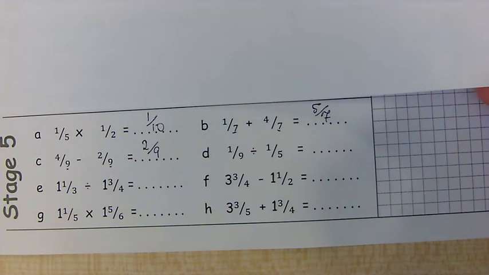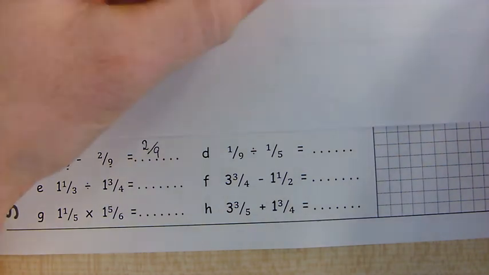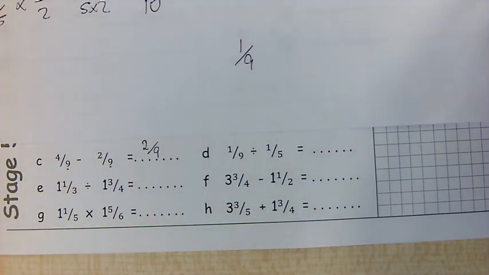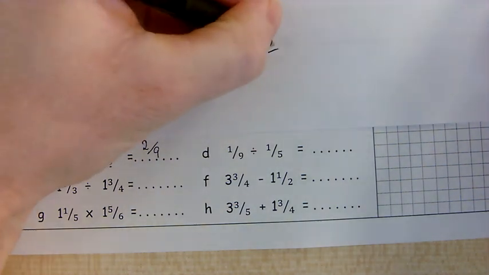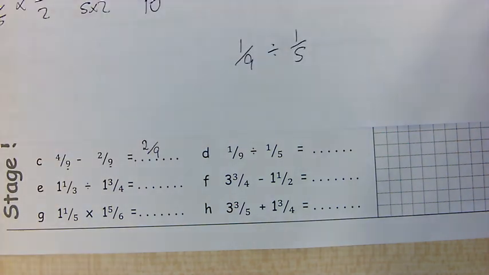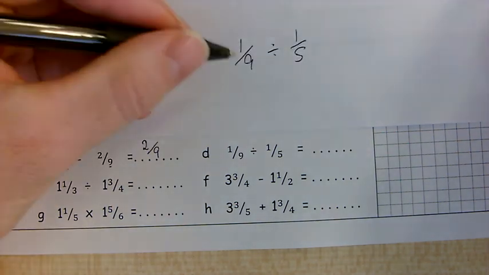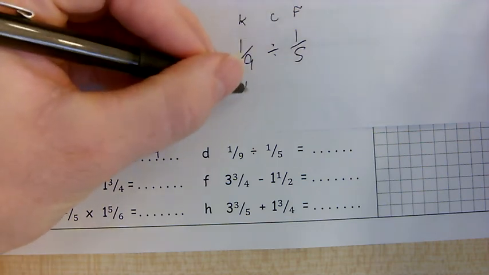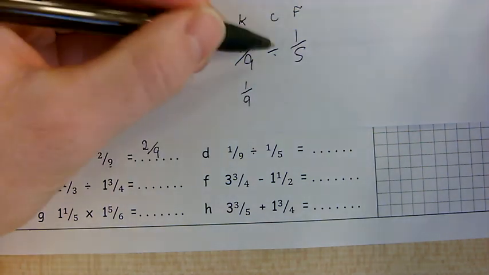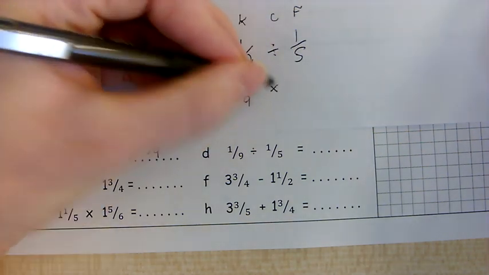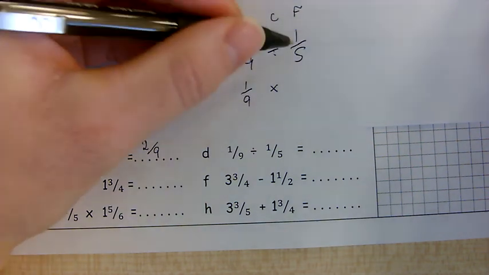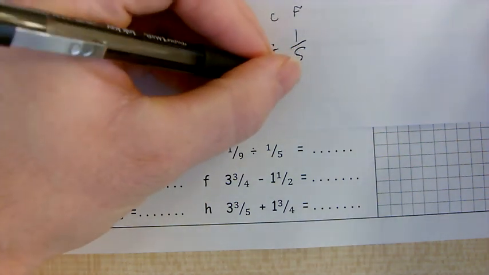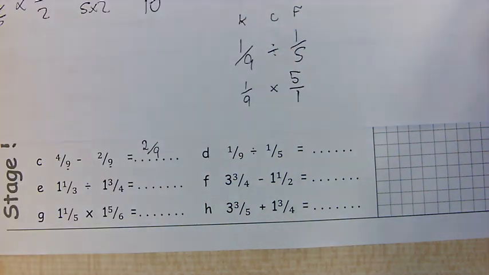So in this case, we have got 1/9 divided by 1/5. Keep the first fraction, change division to multiplication, and I flip the final fraction, so it becomes 5 over 1.